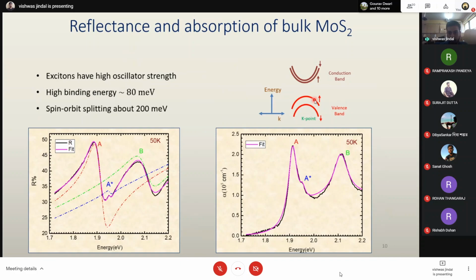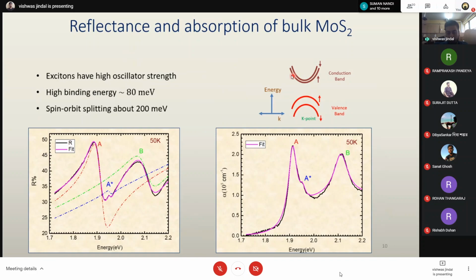Now, an exciton forms when a hole from the top of the valence band and an electron from the bottom of the conduction band combine and bind together. This can happen only if the spin of this band and this band are of a certain order, then only that exciton can form. So basically there are some selection rules.